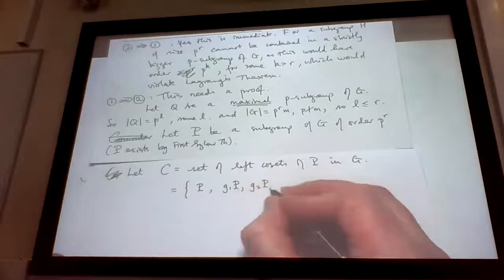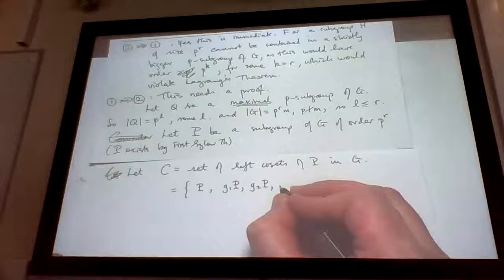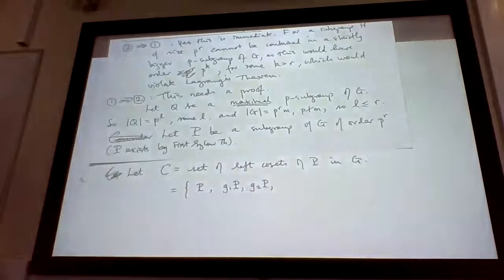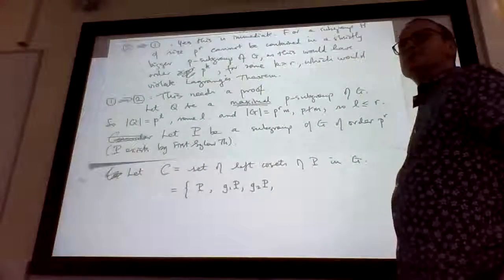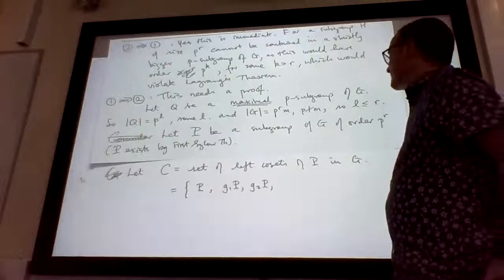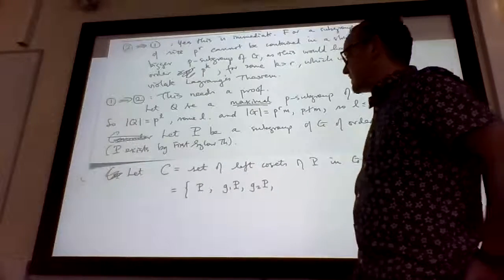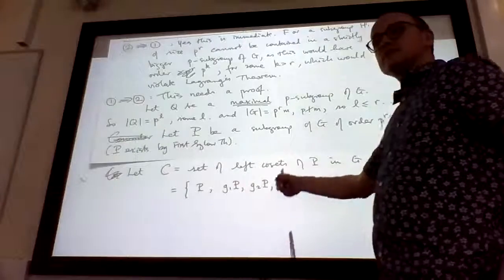How many left cosets of P in G will there be? Yes, the size of G divided by the size of P. Remember, all the left cosets have the same number of elements.